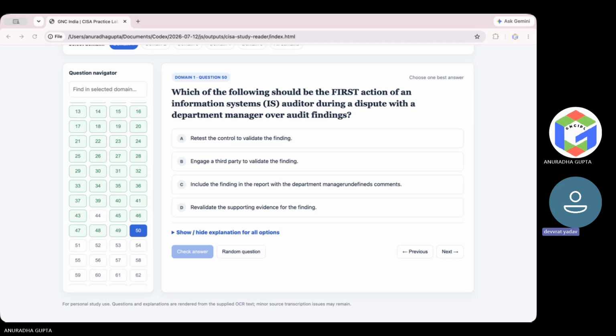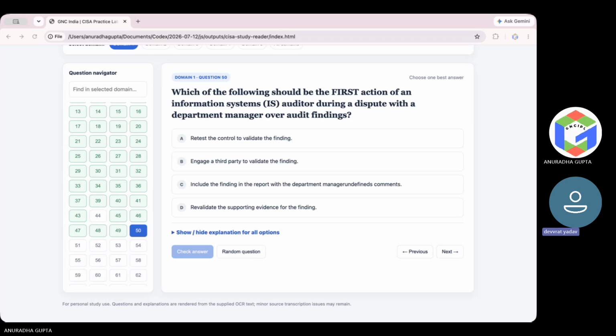So yes, related to this question, A, C, and D, we were having thoughts on these three. So I think in option A, by process, we should include it with a management remark if the dispute continues. If there is a dispute, we should retest it.